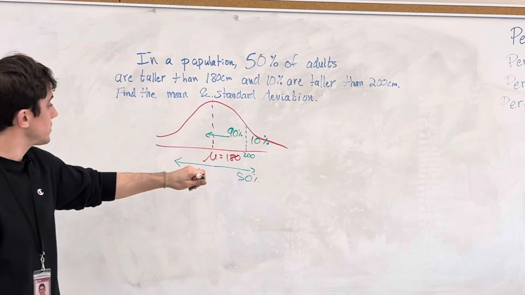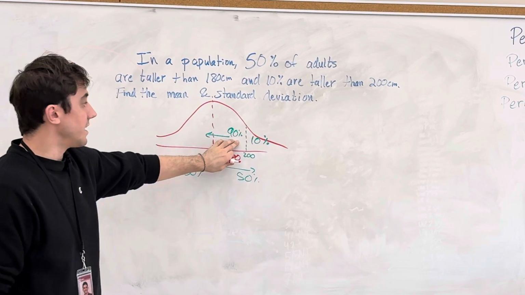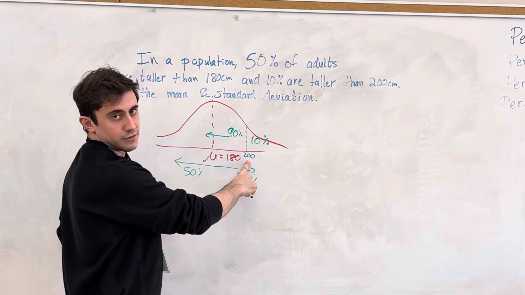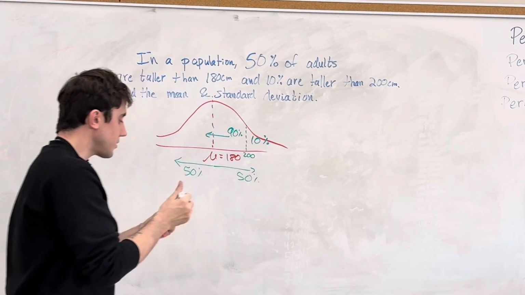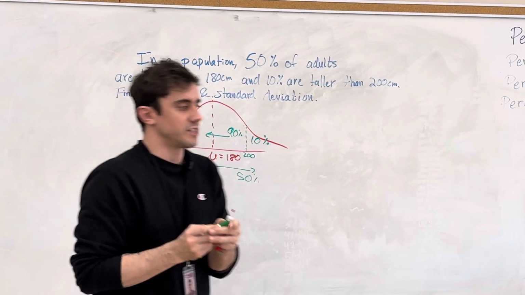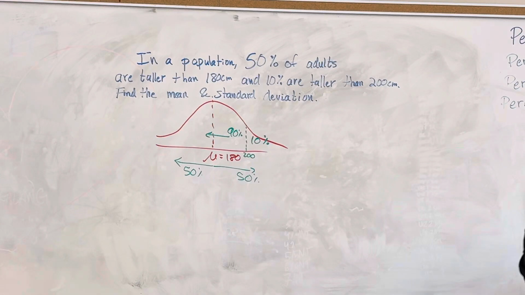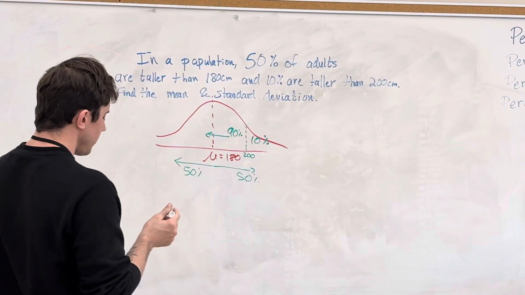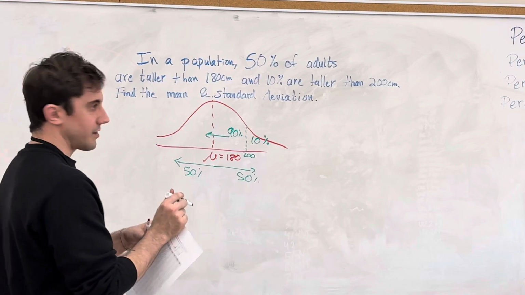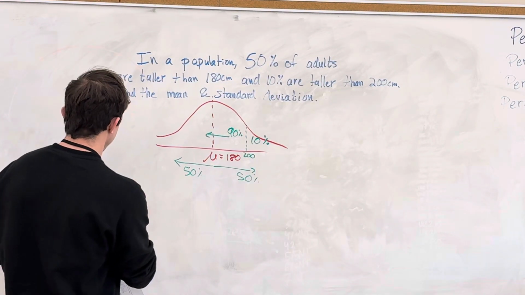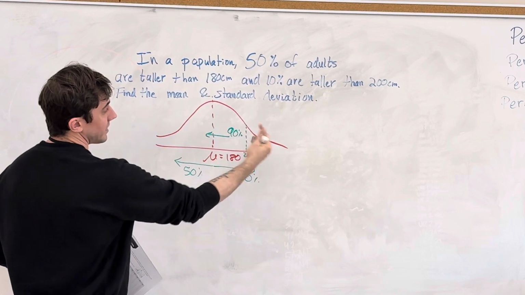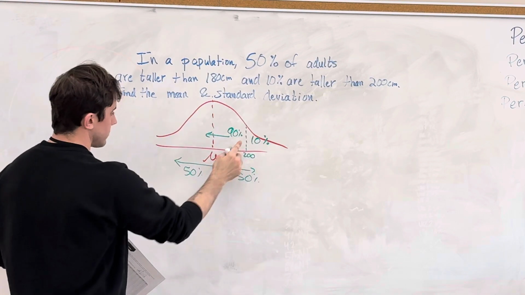Relating this to our z-score table, this 90% is to the left of our data point of 200. So we can use our z-score table and look for a probability of 90%, because we always want the probability that is to the left of our data point.